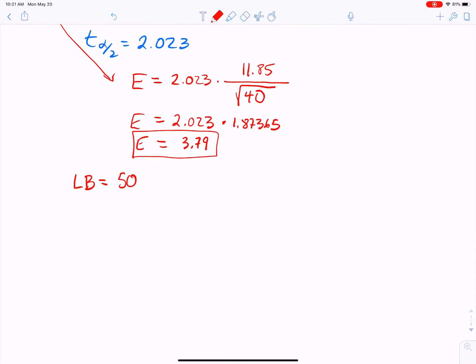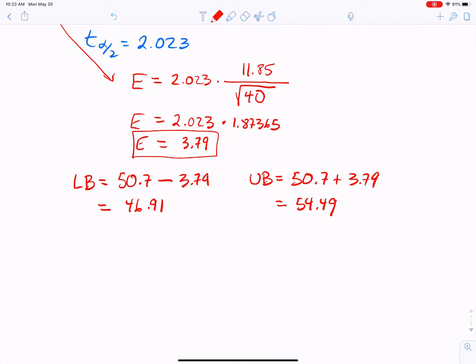So 50.7 minus 3.79. And the upper bound would be equal to 50.7 plus 3.79. So the lower bound turns out to be 46.91, and the upper bound turns out to be 54.49.